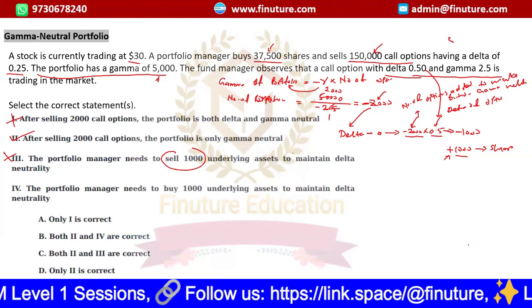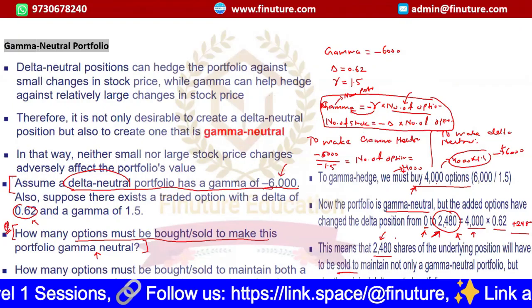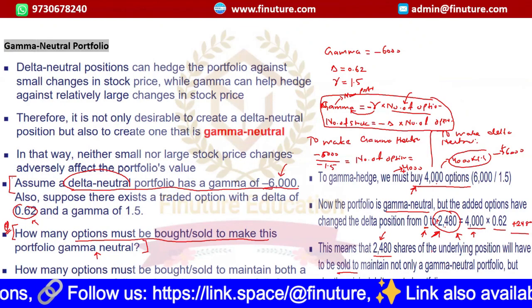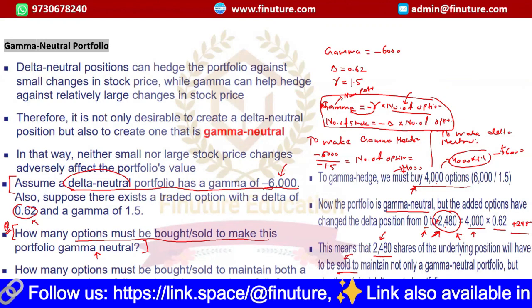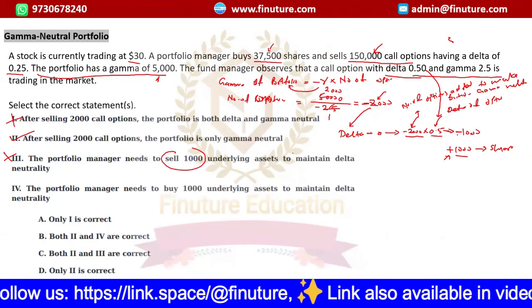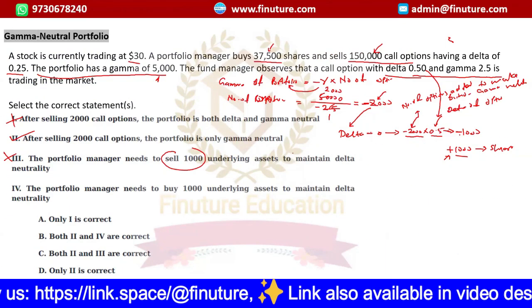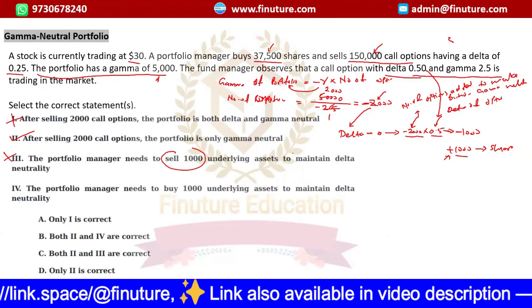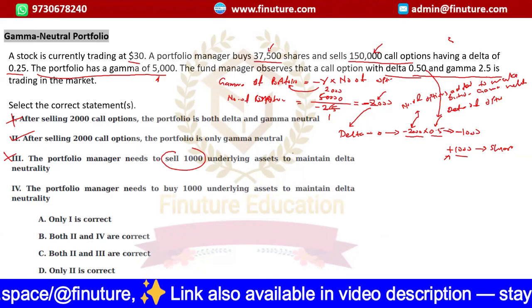Had this been positive, like how we had 240 here, then we sold. Over there, this was positive. So if the new delta after the addition of options is negative, then you have to purchase shares. All right, I understand now.